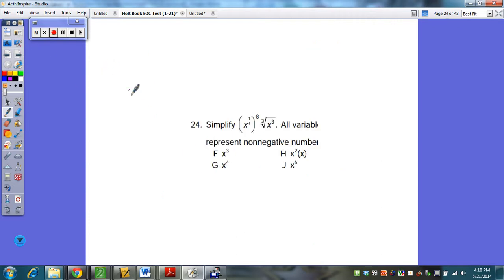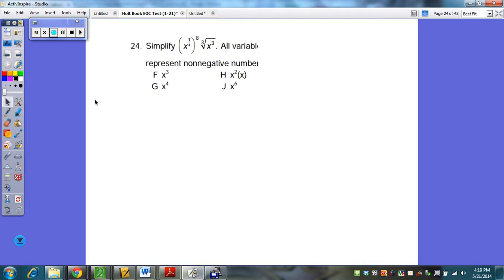Next. 24. Looks terrible, doesn't it? Okay? Well, let's simplify this for a second. So we have x to the 1/4 raised to the 8th, and we have the cubed root of x cubed.